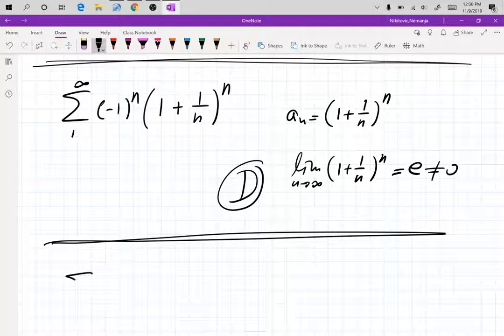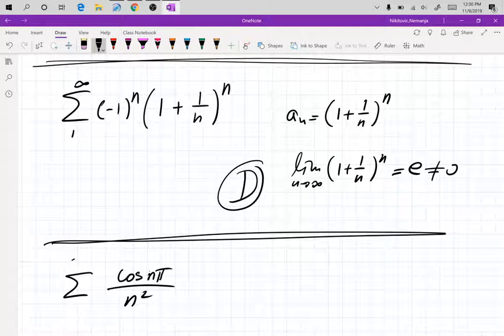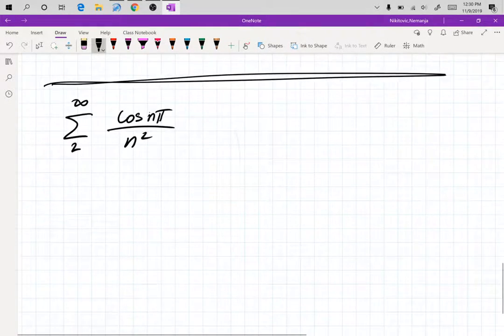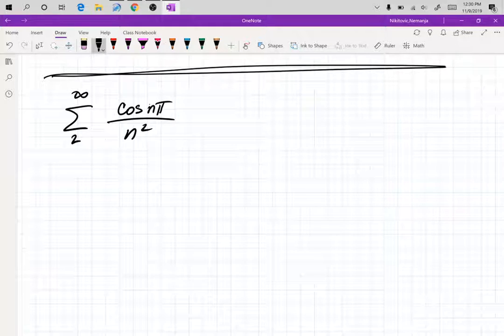Well, this is a good one. Cosine of n pi divided by n squared, right? You can start anywhere, 2 or 17, I don't care. This is a good one because it has the cosine of n pi, and this is the one where you need to realize that's alternating.